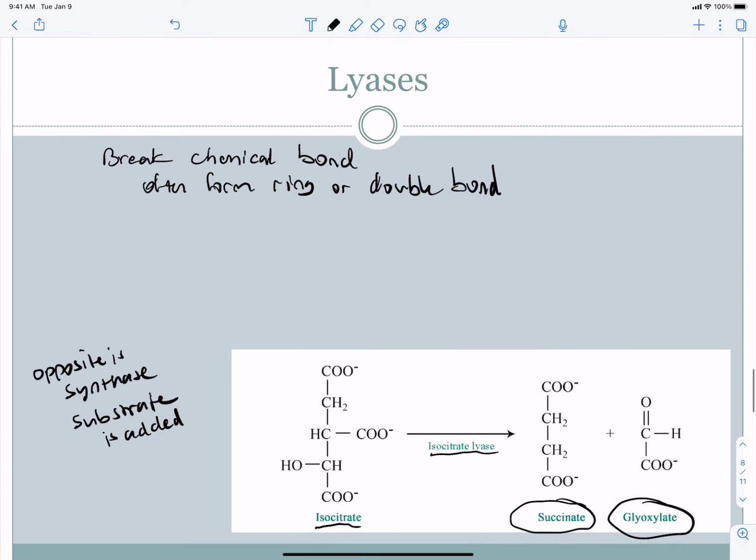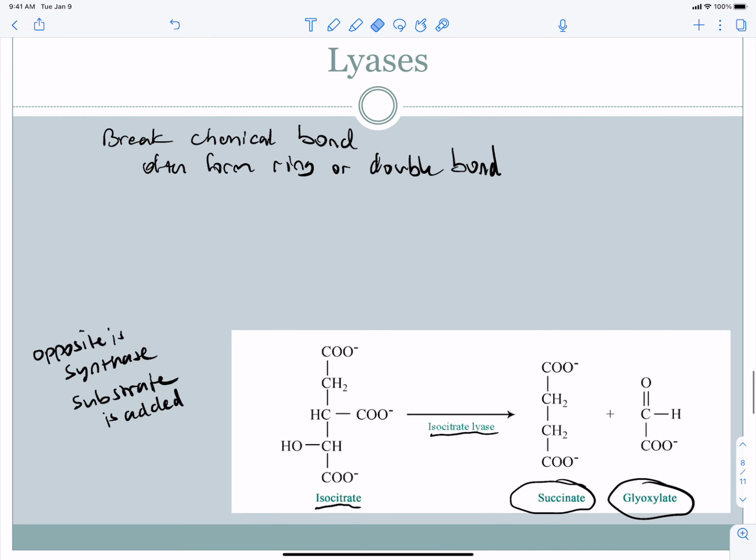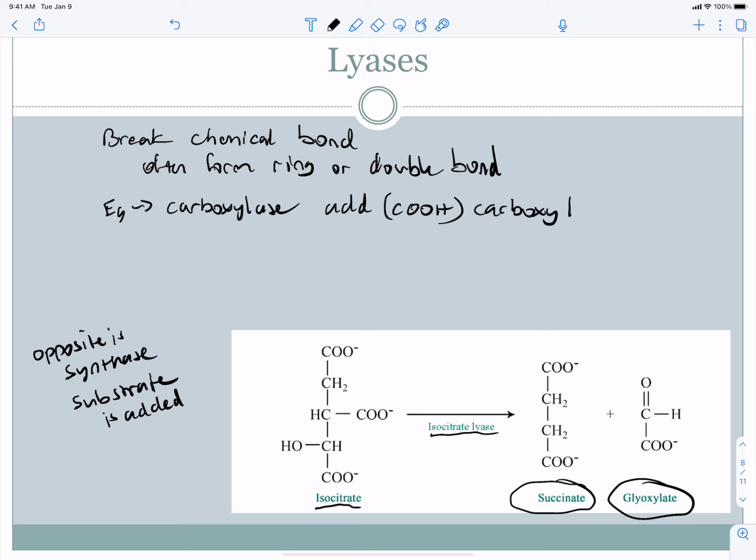Now, carboxylases are going to add or remove carboxyl groups. Let me put an example here. They add, or I should say, remove. And so carboxylases are going to be important.